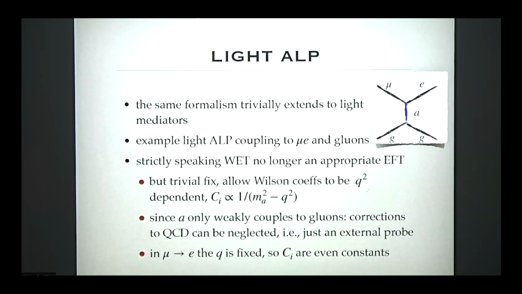It's impossible to have light new physics that couples with order 1 couplings to gluons or quarks. So this will necessarily be a 3-level exchange, or it will not correct the QCD at any significant order.